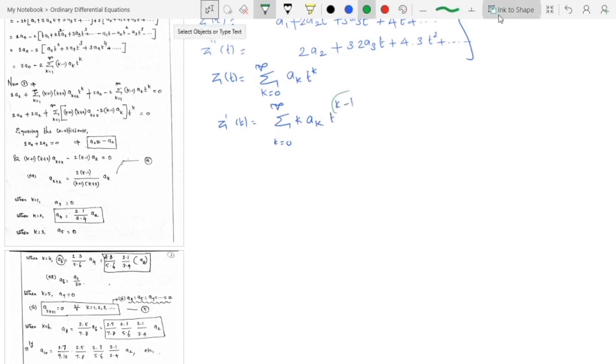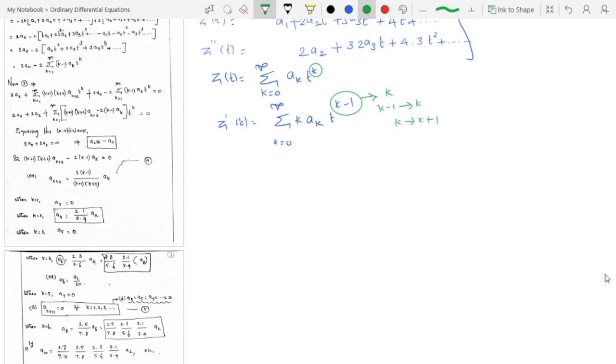Here the power of t is k minus 1, but in the previous case it was k. If we maintain the power of t as k in each and every differentiation, it will be convenient to rearrange the terms later on. So replacing k minus 1 by k, that means k is replaced by k plus 1.